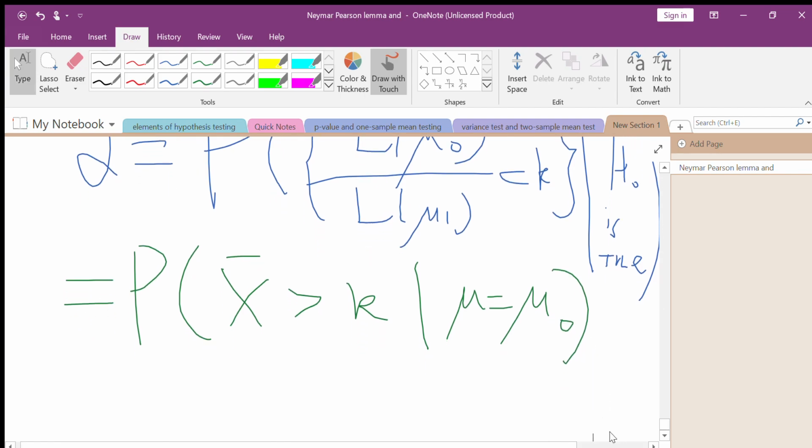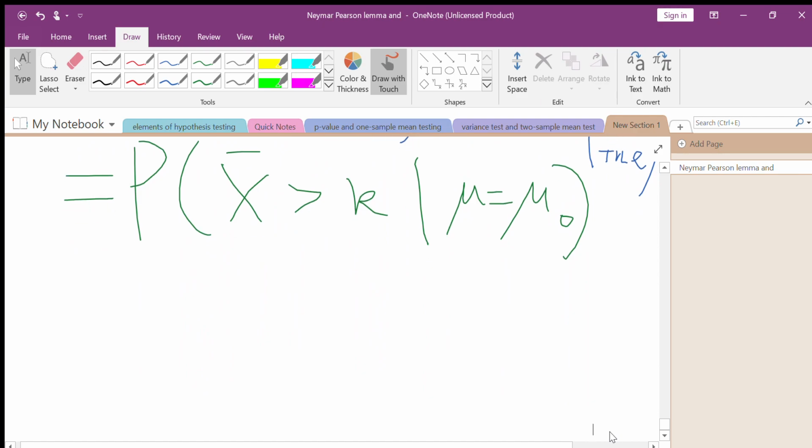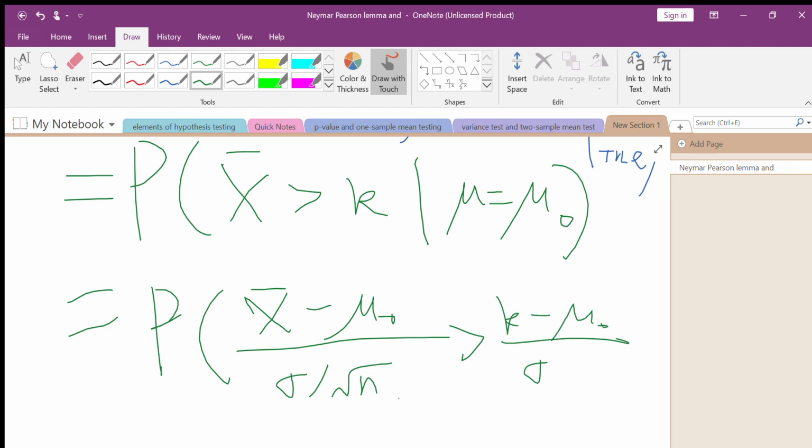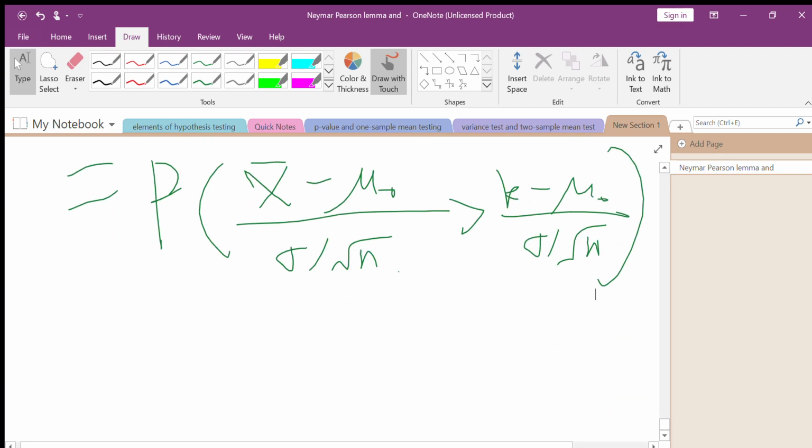The next step is to do standard normal transformation. So capital X bar minus mu 0 divided by sigma divided by square root of n greater than k minus mu 0 divided by sigma divided by square root of n. And this is what?